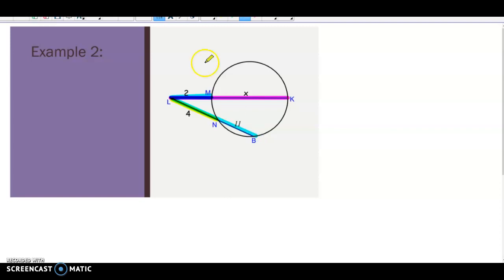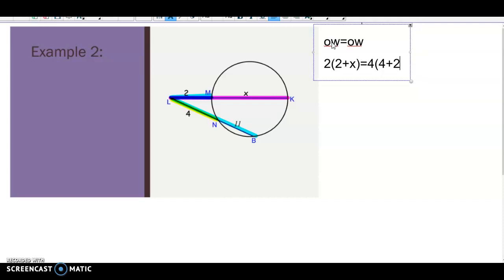Again, I am not going to multiply 4 times 11. It is not outside times the inside. It is outside times the whole. So I have outside times the whole is equal to outside times the whole. The first secant, the outside is 2. To get the whole, I have to do 2 plus x, the outside plus the inside, is equal to the second secant, the outside is 4, and to get the whole, I have to do 4 plus 11, outside plus the inside.